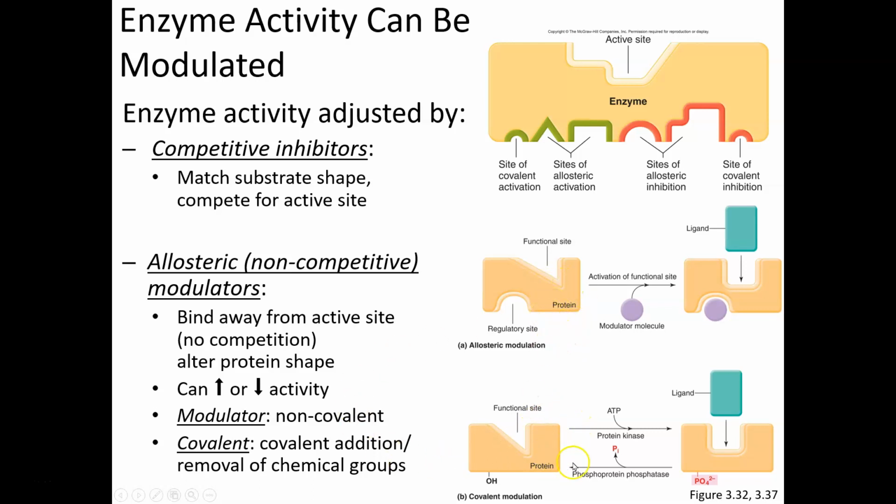If you bind phosphate to this part of the enzyme here, so the little brown thing is the enzyme, it shows the enzyme going from this shape, where it's not going to fit the ligand, right, to this more open space after you bind phosphate, right? So that's allosteric. Oftentimes this phosphate, because it's always going to have that -2 charge there, will increase or decrease the affinity of the enzyme and substrate. You can speed up or slow down a reaction there.